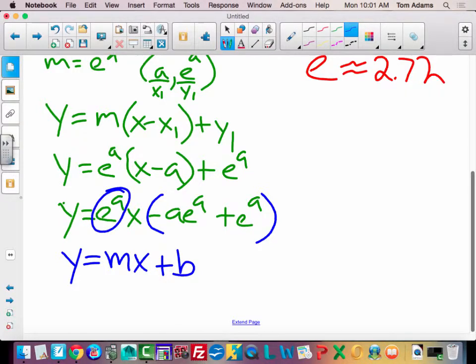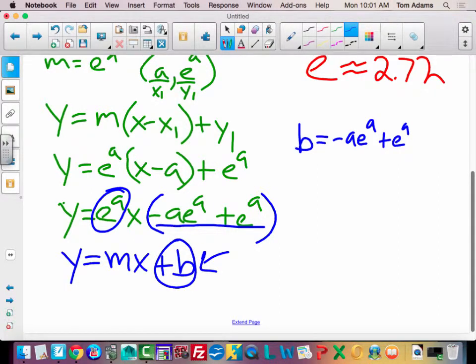Well, this is my m, that's my slope, and all of this stuff here is b. So in order to solve for the variable a, we need a second equation, which states b is equal to negative a times e to the a plus e to the a. Now, remembering also that b is equal to the y-intercept, and we said this thing crosses through the origin, so the y-intercept is 0.